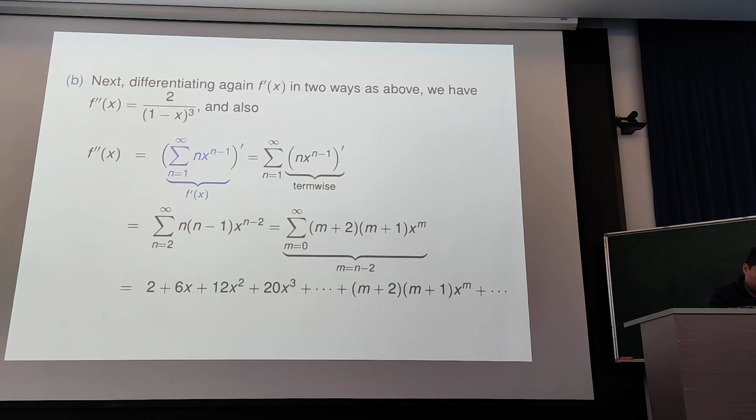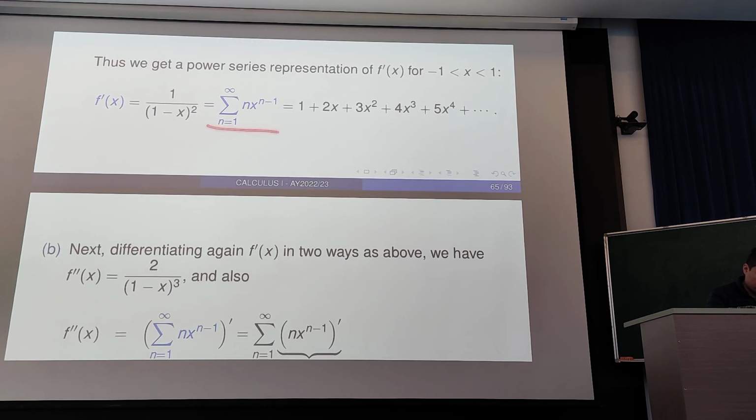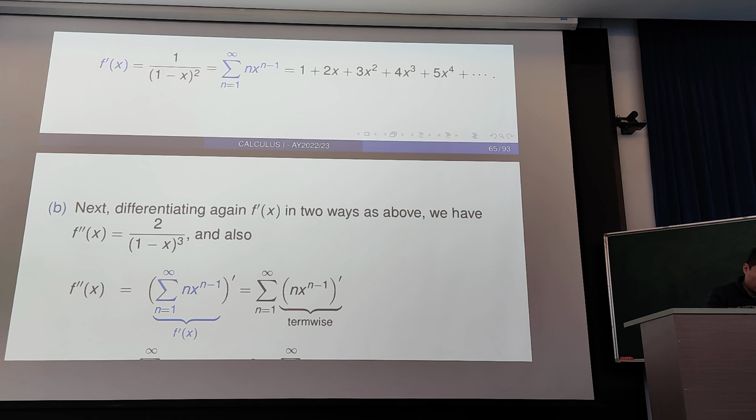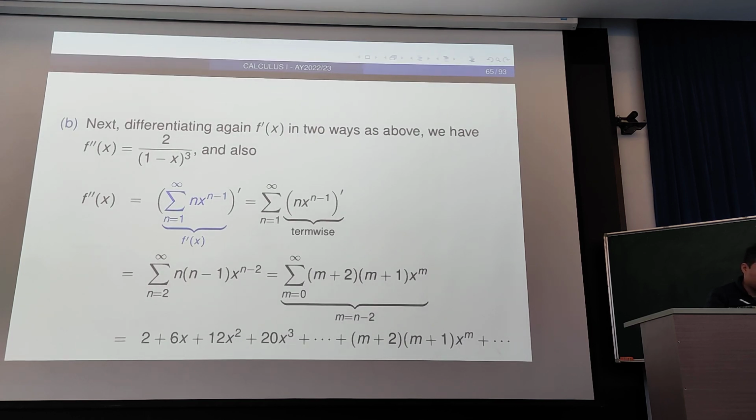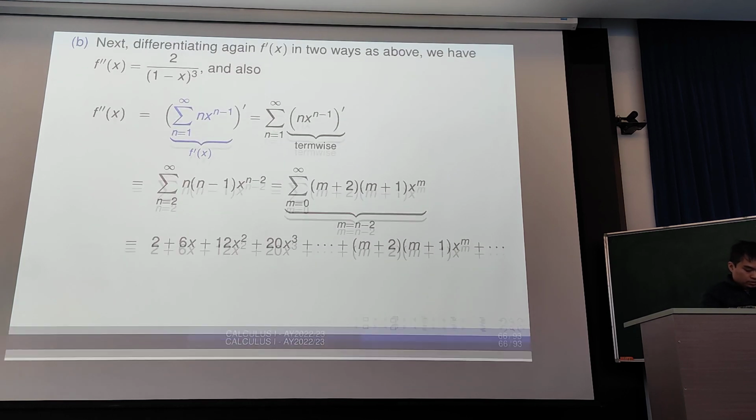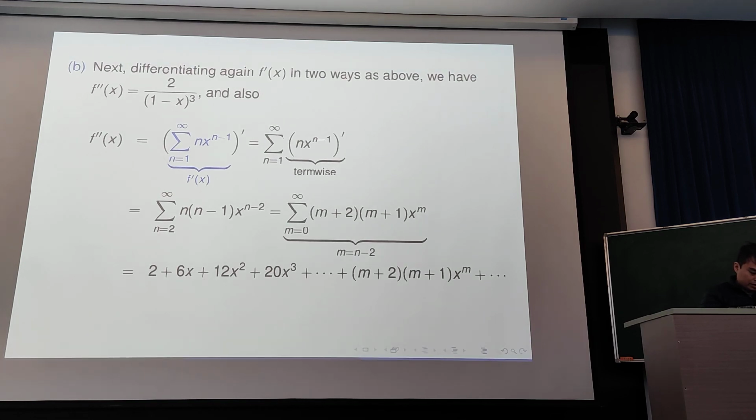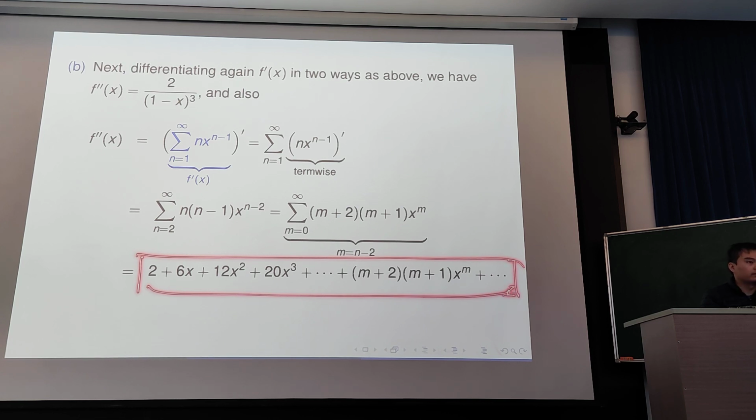So we differentiate this series term by term one more time to get the second order derivative. Okay. So you will get this new series, and in the long form, you get this representation.